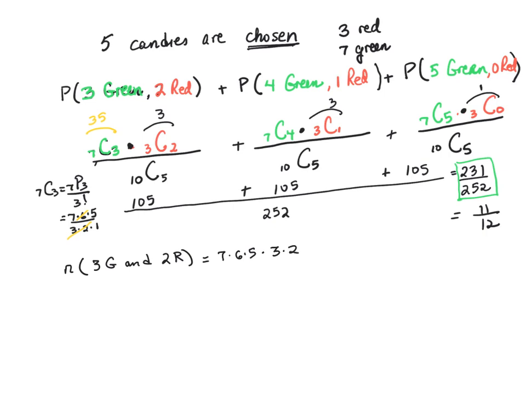But again, because order does not matter, just like we rearrange the letters in a word where there's repetition, we divide this by 3 factorial times 2 factorial. And if you look at this very carefully, this is equivalent to 7C3 times 3C2.